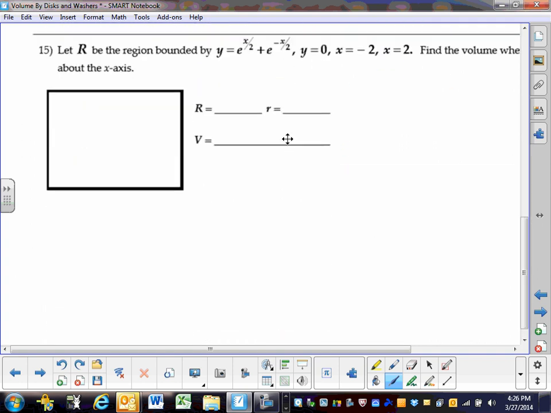Okay. For the last question on this part, it says, let R be the region bounded by this curve. Now, what's going to happen is this side's a growth and this is a decay. But you're adding it together. So basically the idea is, if I were to substitute 0 into here, I would get e to the 0 and e to the 0, which actually is 2. This is 1 plus 1.